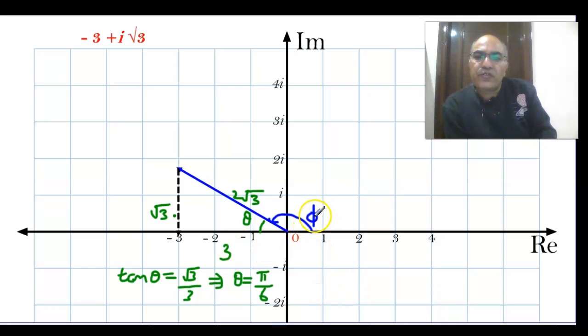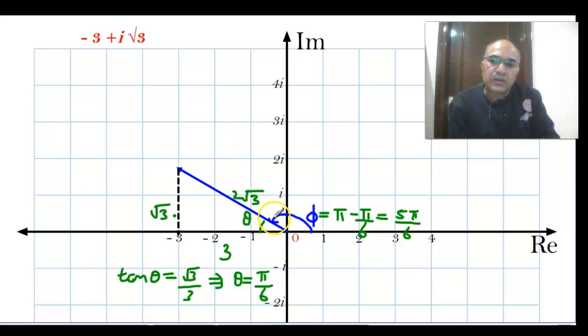But what about phi? Phi will be pi minus theta, that is pi minus pi by 6, which is equal to 5 pi by 6. So phi is pi minus this angle theta, which is 5 pi by 6. Understand?